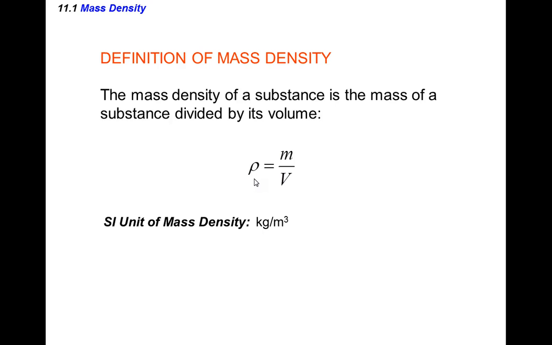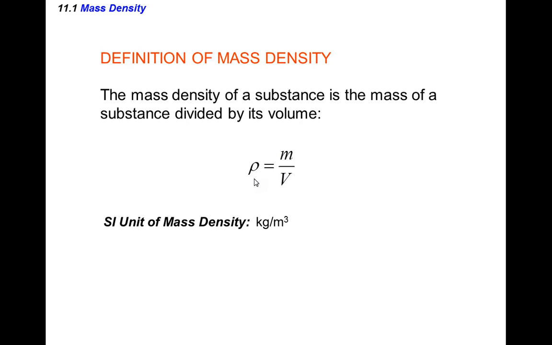So I can ask you, hey, what's the density of this thing if it has a mass of 5 kilograms and a volume of 1 cubic meter? And then you would say, oh, the density is 5 kilograms divided by 1 cubic meter. That's 5 kilograms per cubic meter.